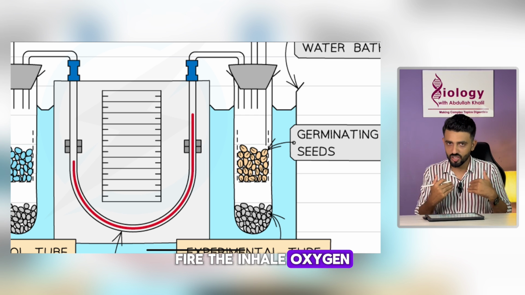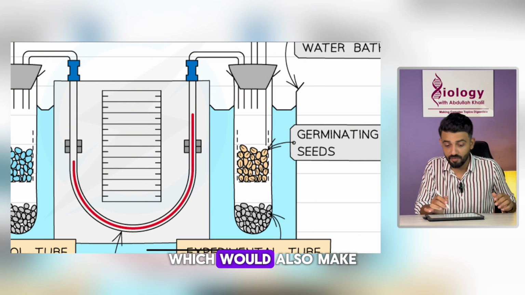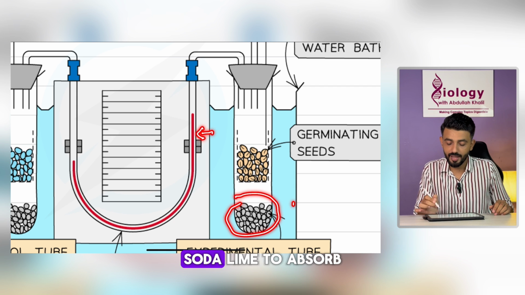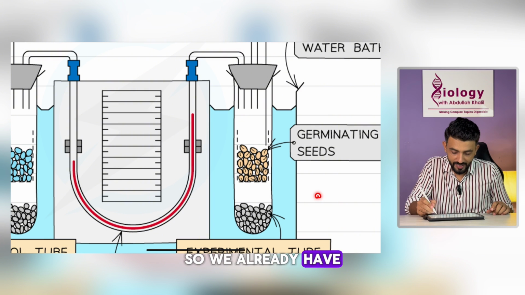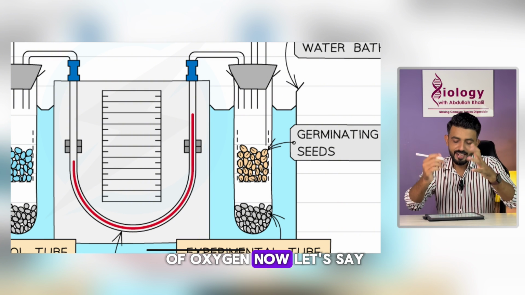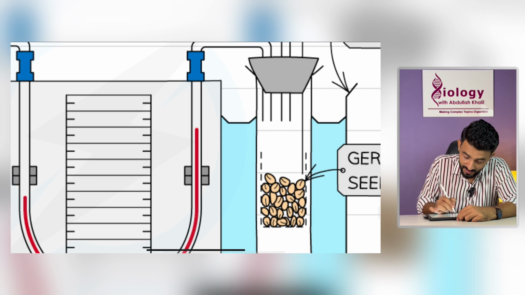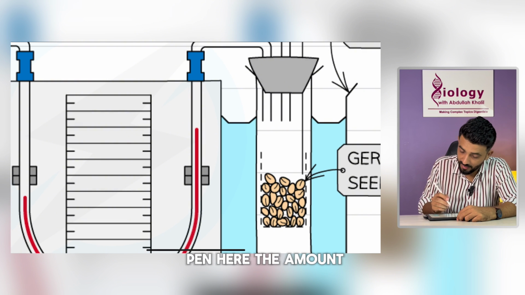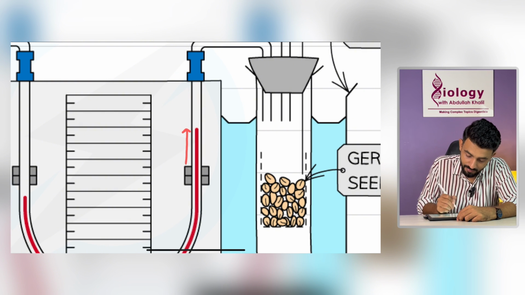They inhale oxygen, which would make a difference here. Now they exhale carbon dioxide, which would also make a difference here, because there is no soda lime to absorb the carbon dioxide. So we already have the value of X, which was only because of oxygen. Now let's say, and you have to be very careful, let me use the pen here, the amount of oxygen was this.